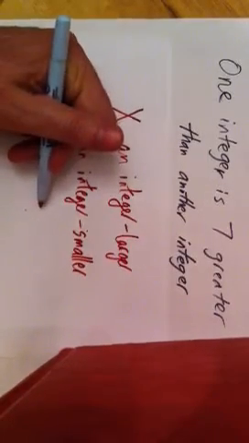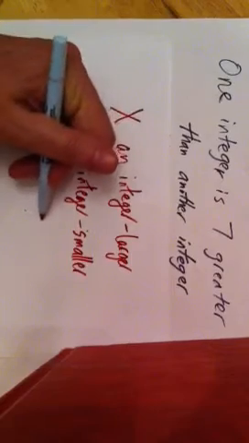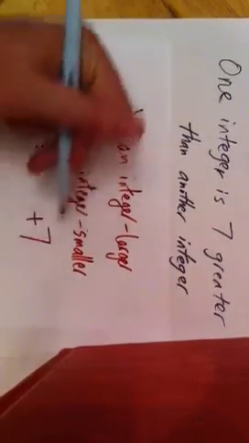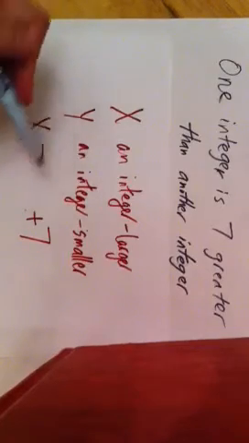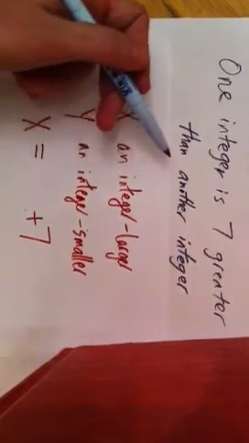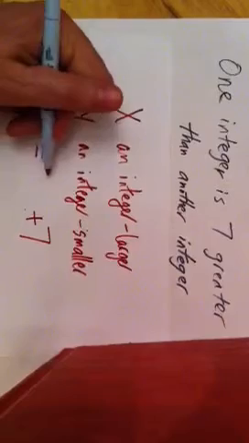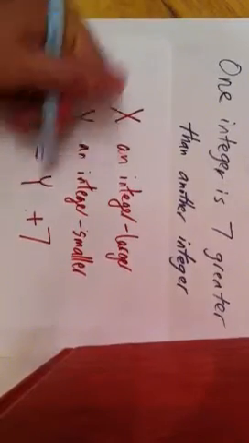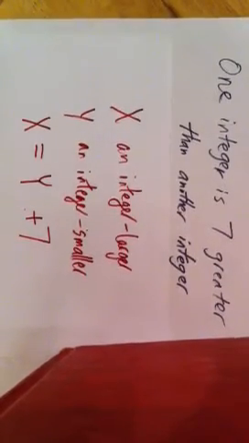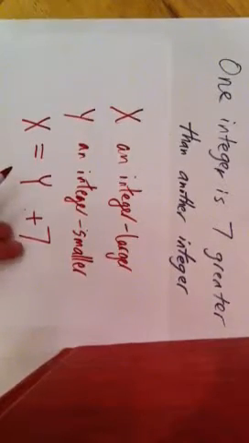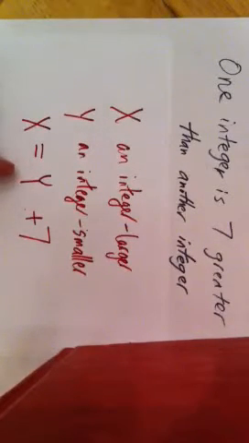Well, 7 greater than means whatever you're talking about, you've got to add 7 to it. So there's something plus 7. And what is it that's plus 7? It turns out it's the other integer, and the other one is going to be y. So there we go. We've got the first equation done. X equals y plus 7. One integer is 7 greater than another one that's smaller.